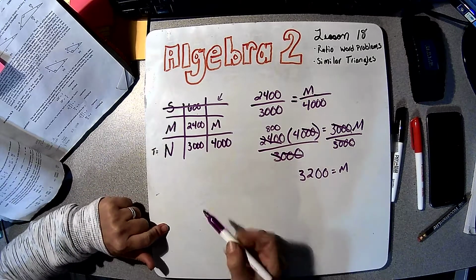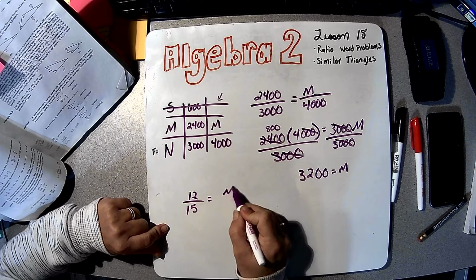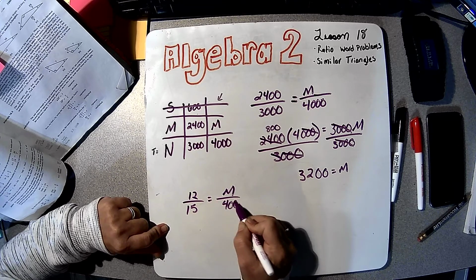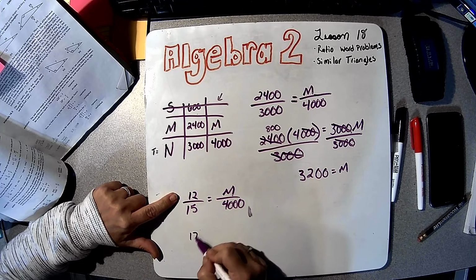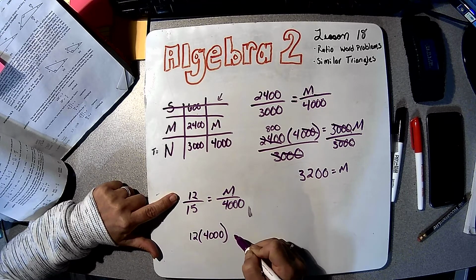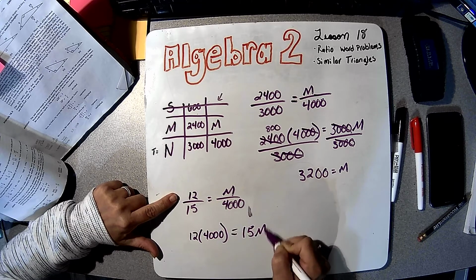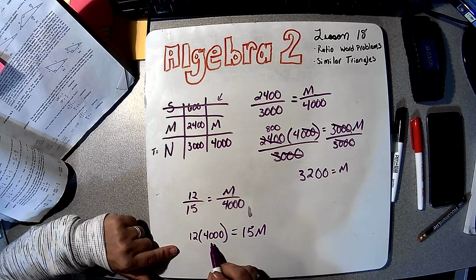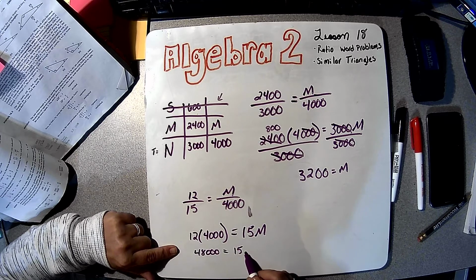Or let's try it the other way. We'll reduce. We said 12 over 15 equals M over 4,000. And we would get, if we cross multiplied, 12 times 4,000 equals 15M. And then if we multiply this out, 12 times 4 is 48,000 equals 15M.